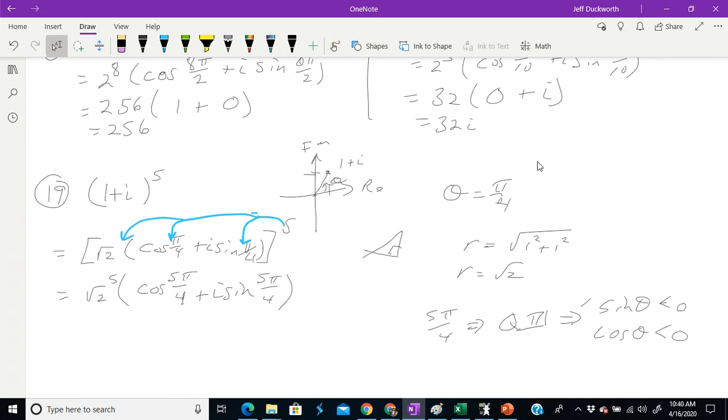So root 2 squared is 2. We've got 2 of those, so that's 4. So this is going to be 4 root 2 on the outside. And again, pi by 4 gives root 2 over 2, so these are each negative root 2 over 2.